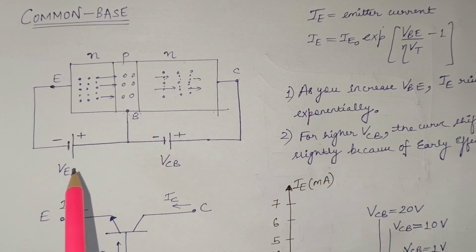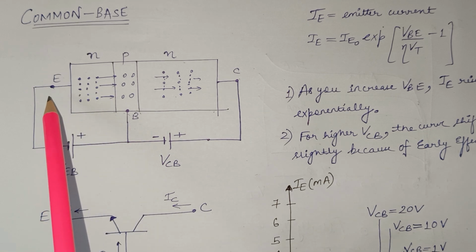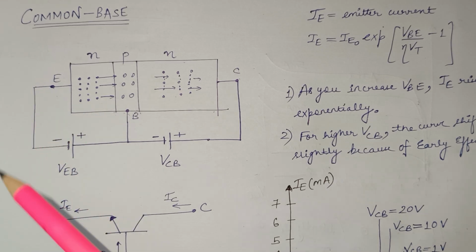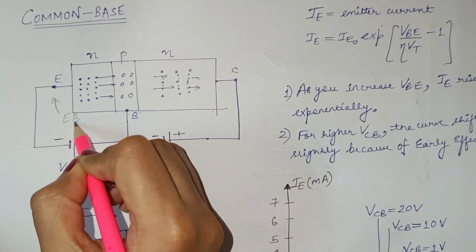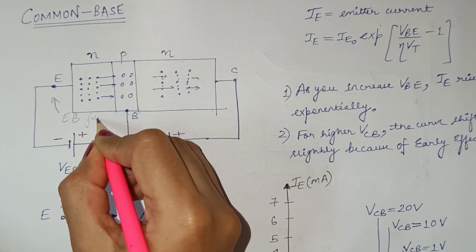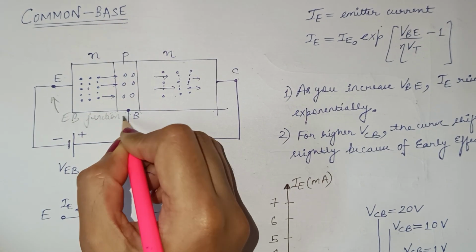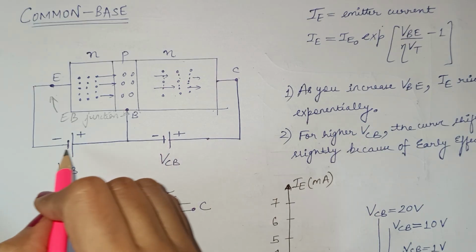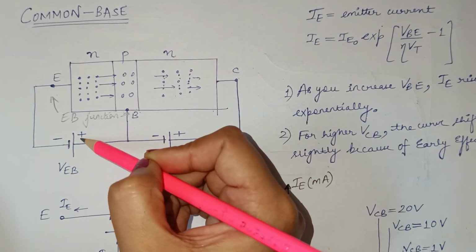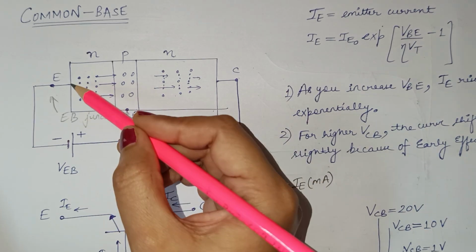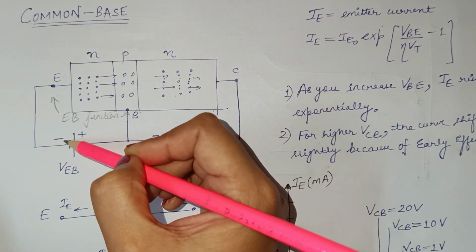Now what about the biasing? So we have two junctions. So the first junction is known as the emitter base junction. So this junction is forward biased. You can see that the P is connected to the positive end of the supply and N is connected to the negative end of the supply.